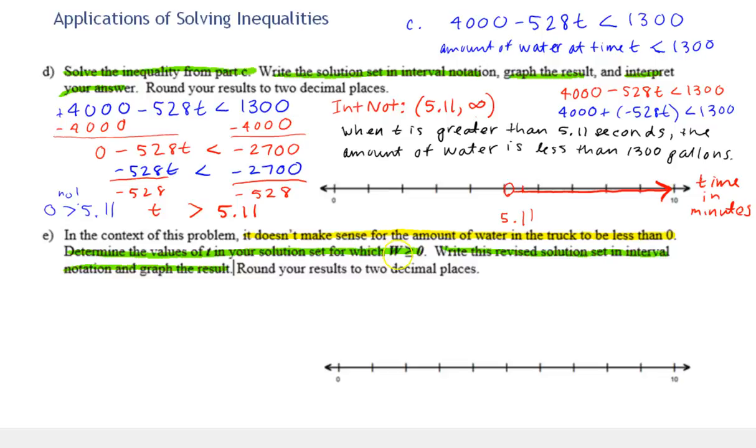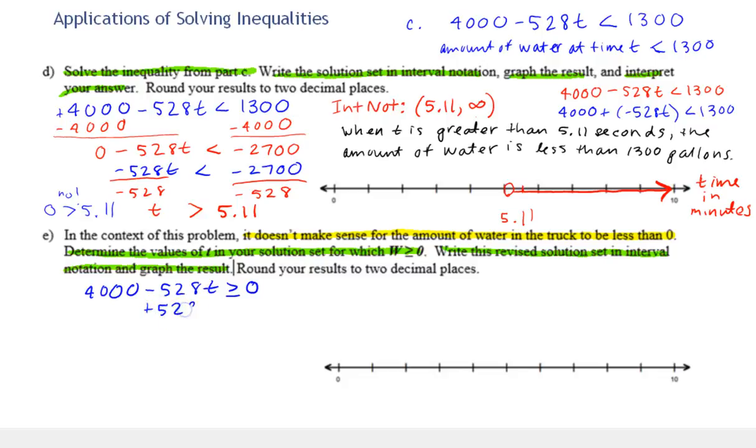So let's find the values for which the amount of water is greater than or equal to 0. Remember we're finding values of t, so we're going to use this expression involving t: 4,000 minus 528t. We want to know when that's greater than or equal to 0. I'm going to solve this one a little bit differently, just so you can see.